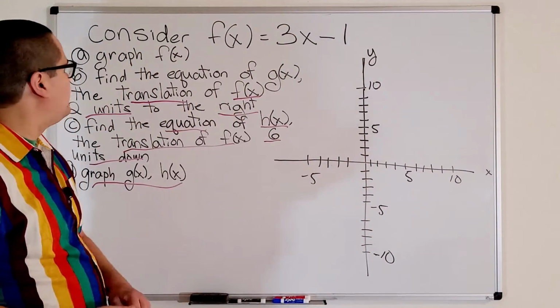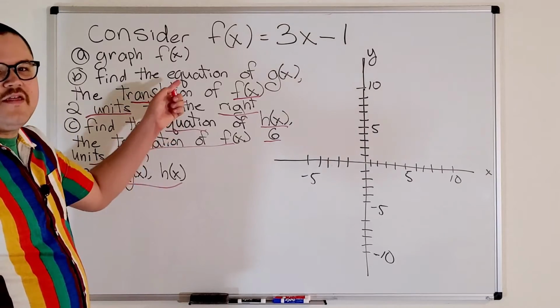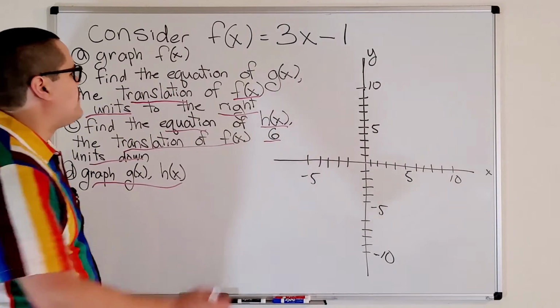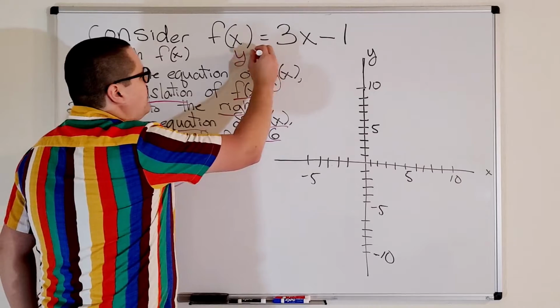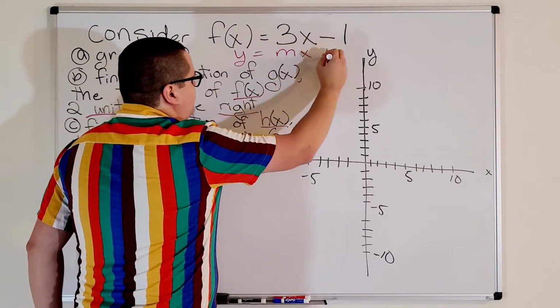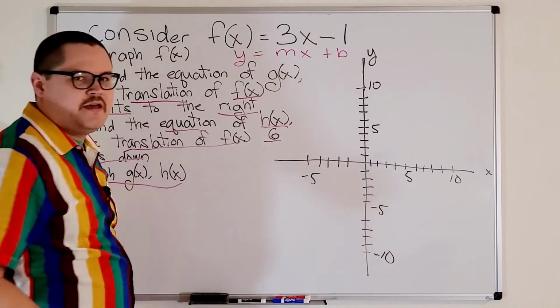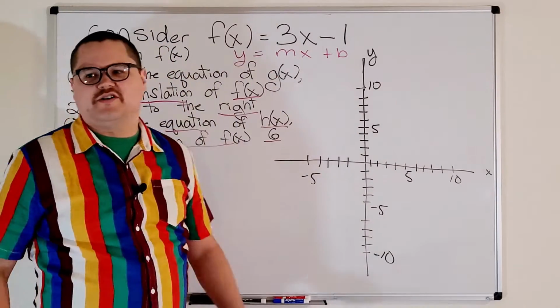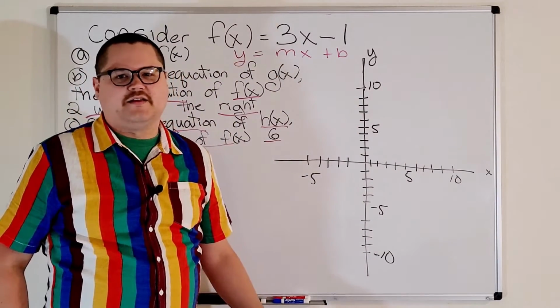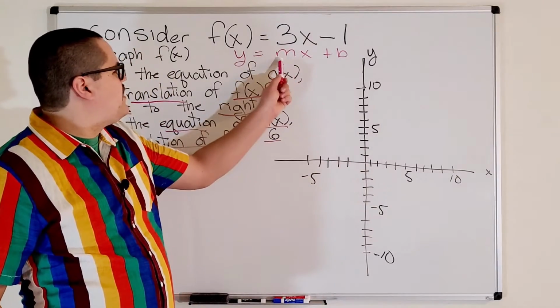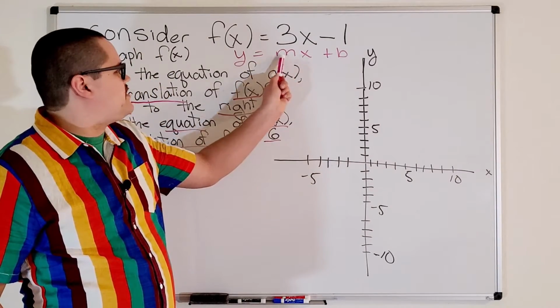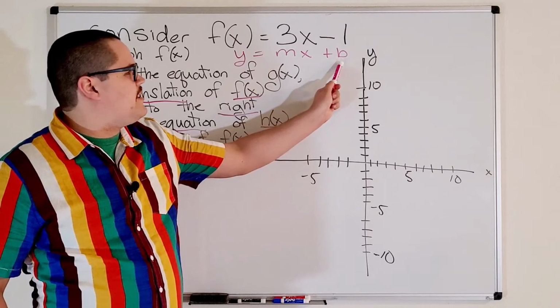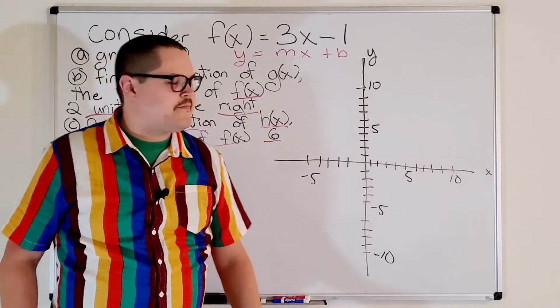First, let's observe that f of x is in the form y equals mx plus b. As you recall, this is the equation of a line, a linear equation. Now m will be the slope and b will be the y-intercept.